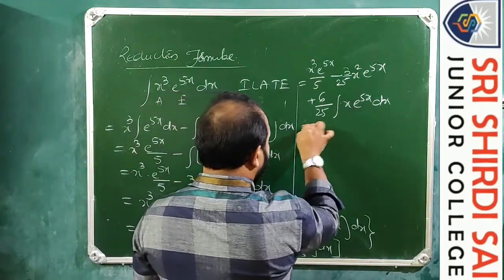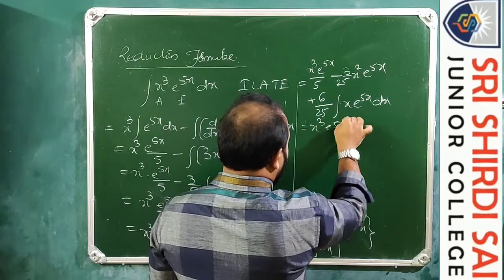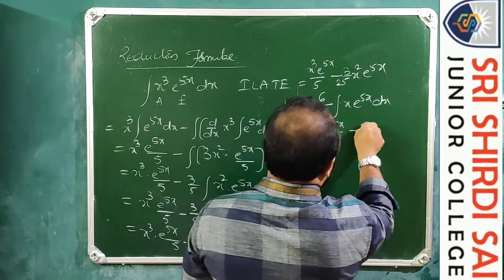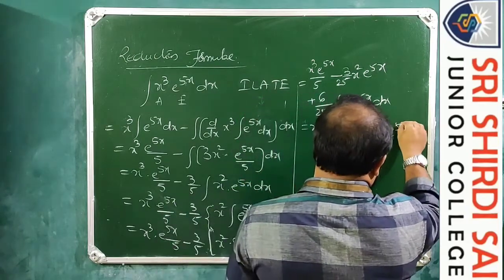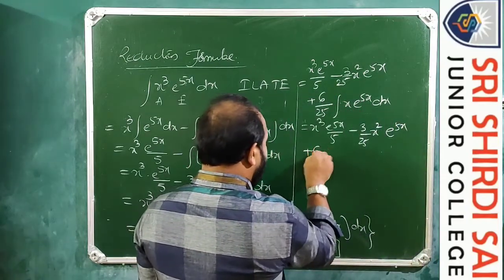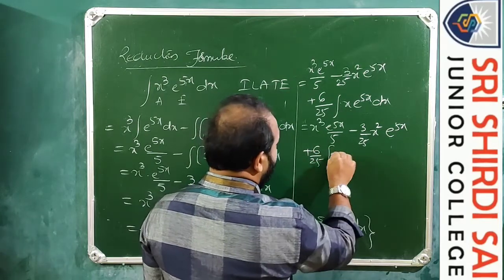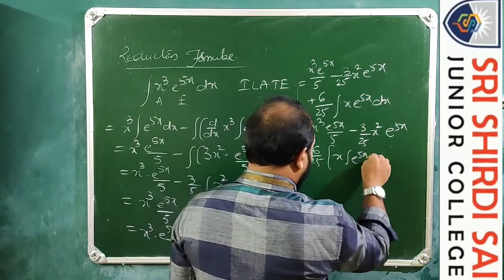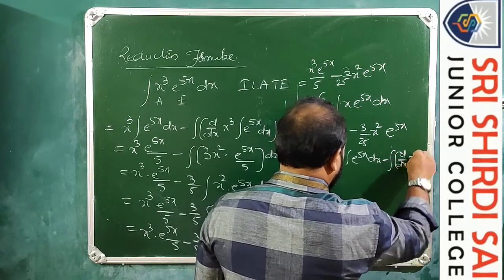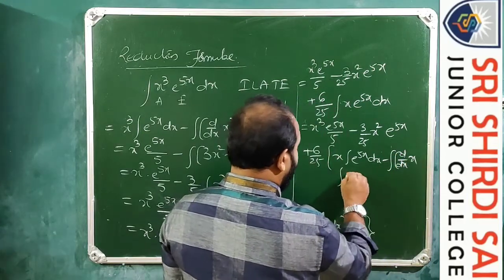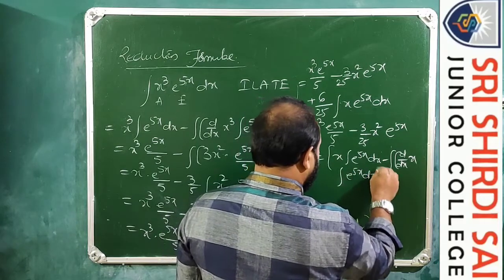So again, x cube e power 5x by 5 minus 3 by 25 x square into e power 5x plus 6 by 25 into first function into integral of second function dx minus integral of d by dx of first function into integral of second function dx, whole dx.